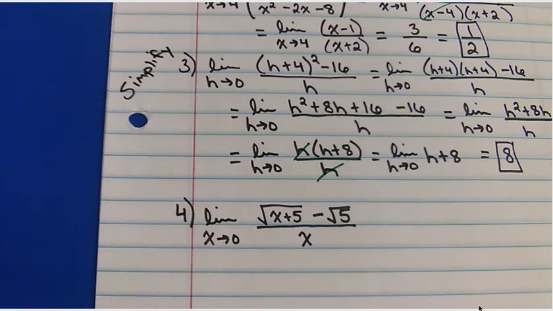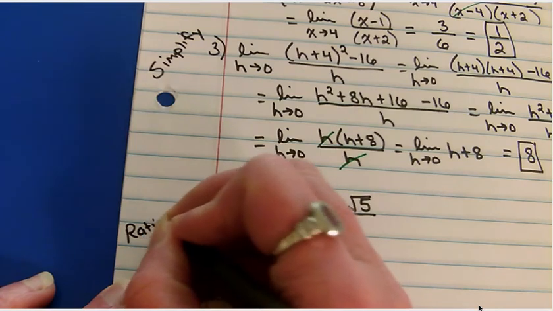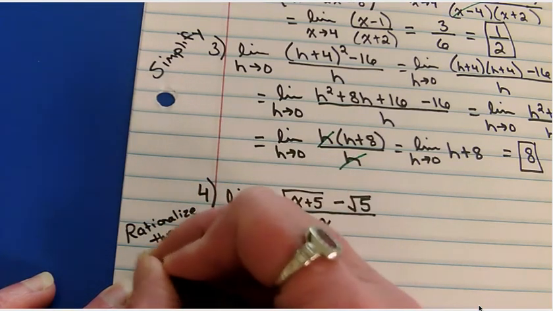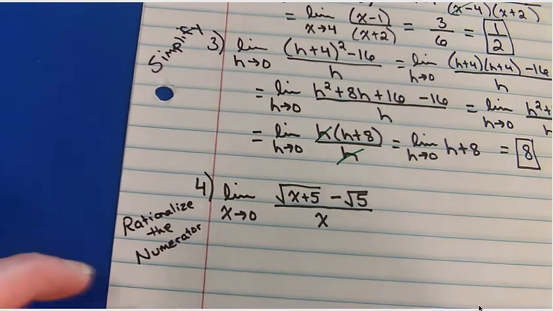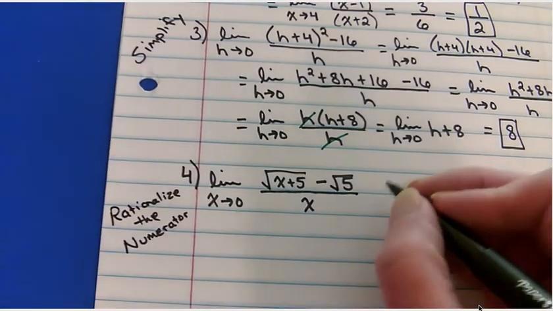Instead of rationalizing the denominator, we're going to rationalize the numerator. This is called rationalize the numerator. That means I'm going to have to multiply the numerator and the denominator by the same thing, because we want to multiply by a version of 1.